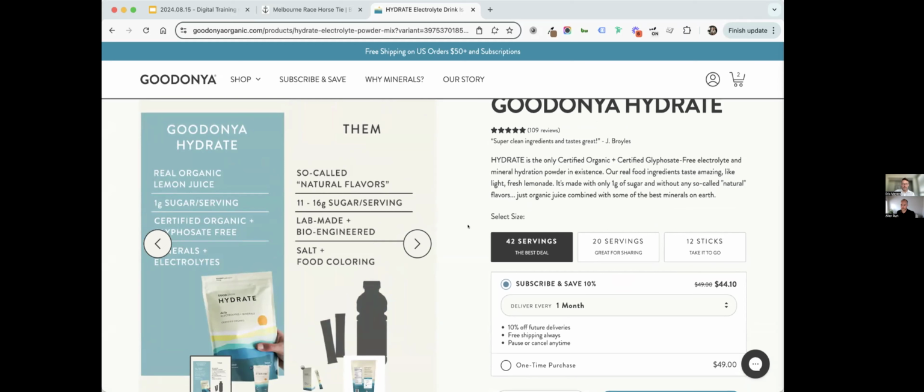A few things I didn't like about what these guys are doing, though, is they have their subscriptions here. They're only offering 10% off on that first order. I would actually love to see that first order a little bit higher on the discount. We know really well that almost always a consumable product, whether it's something you're ingesting or putting on your skin, if it's consumable and users like it, then they're going to be really likely to stick around with their subscription.